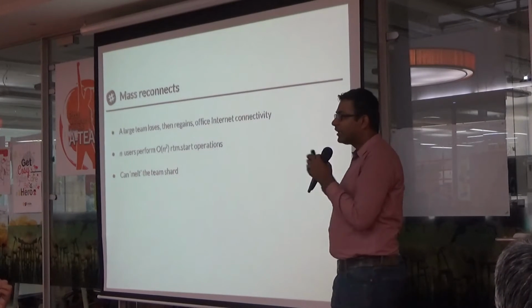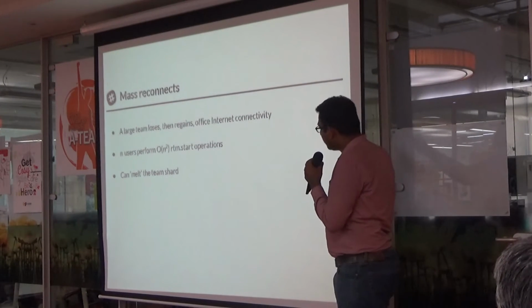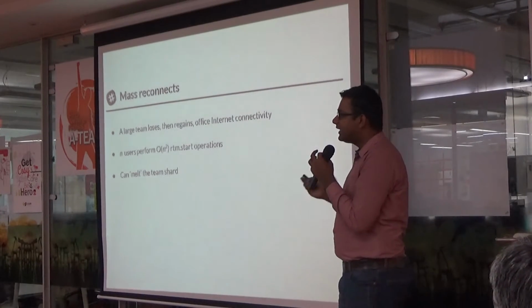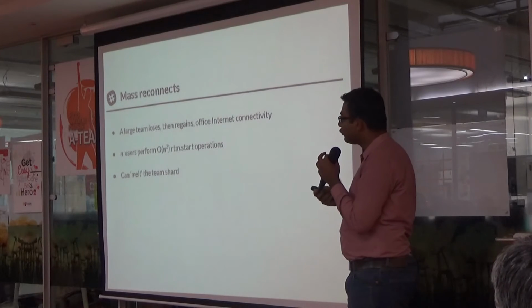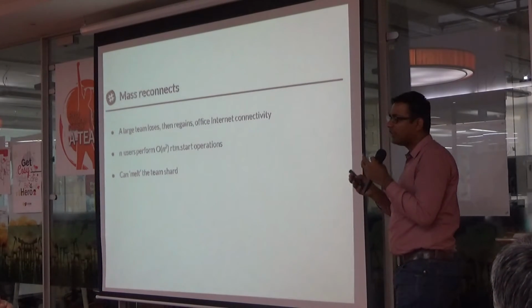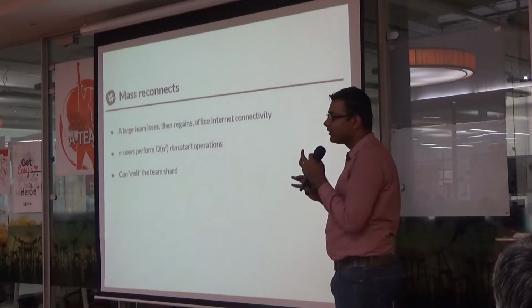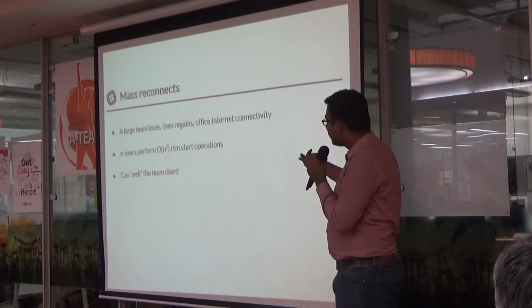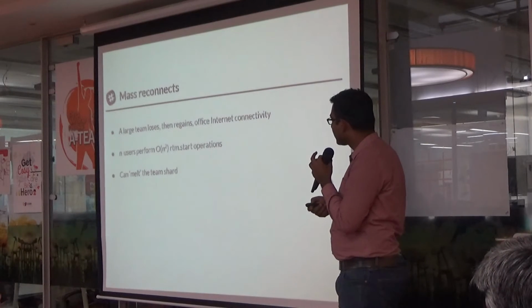If everyone connects at the same time and there are more users, obviously this is a problem. Currently they have some large teams of the order of 10,000 users. So the largest team Slack is handling at this point in time is over 10,000. These were some of the issues we faced and are facing in some ways.